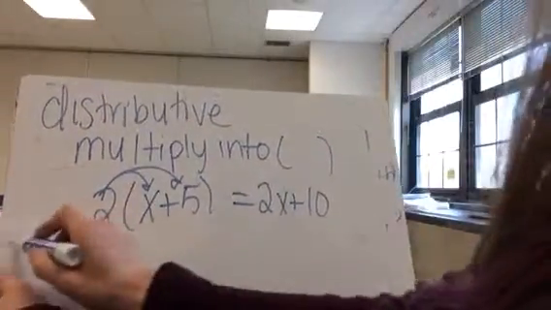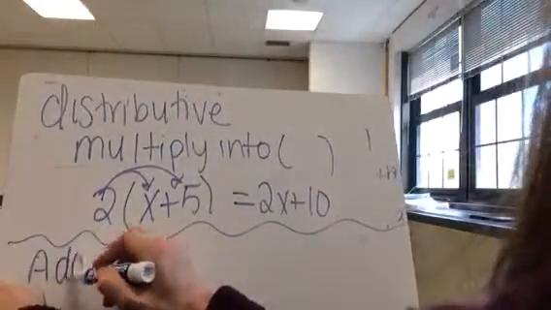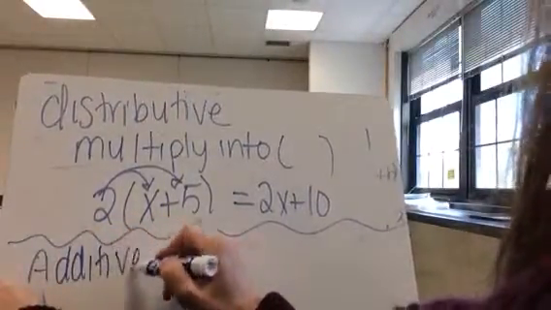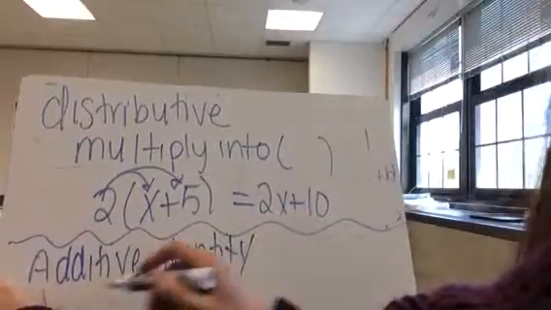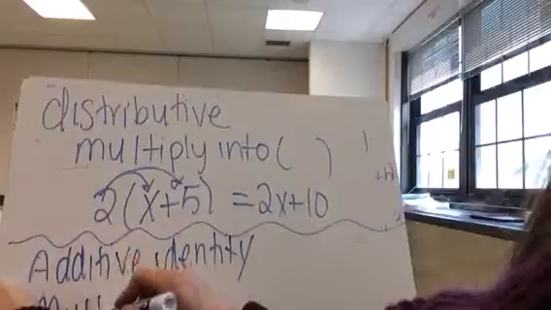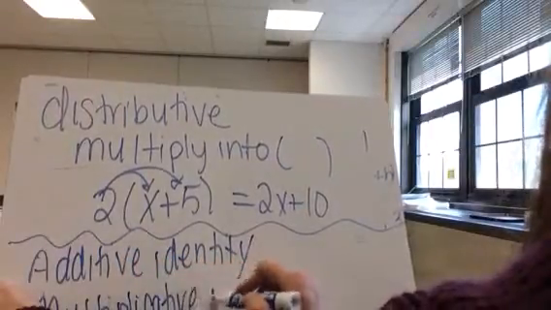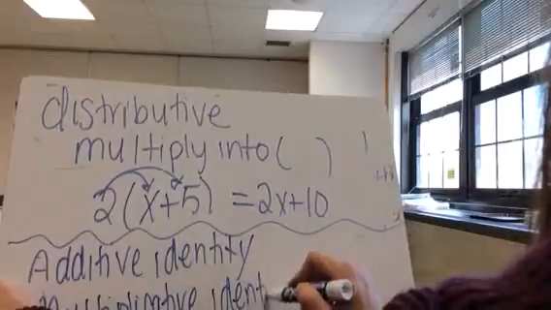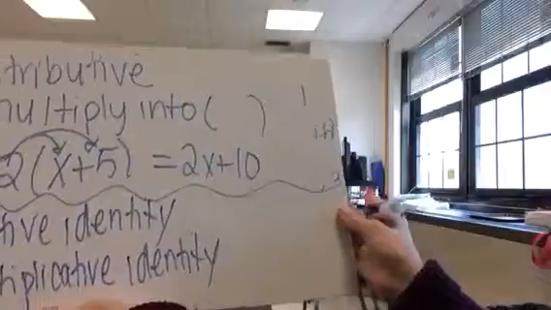And then the last one we're going to talk about right now is additive identity and multiplicative identity. Okay, an additive identity.